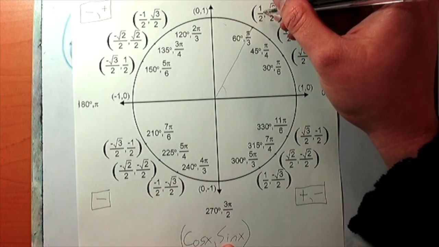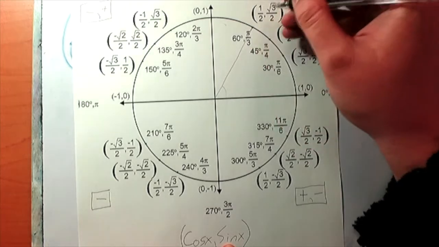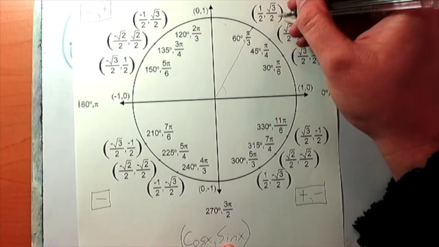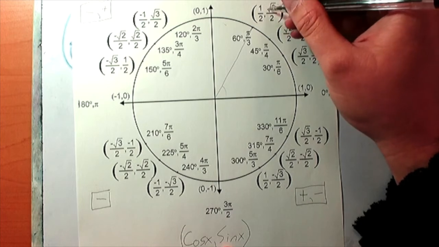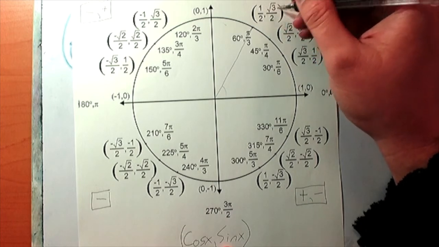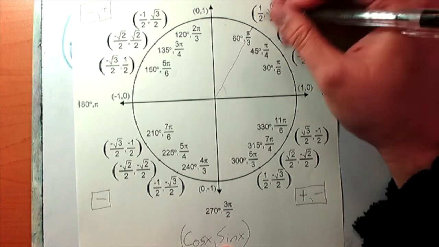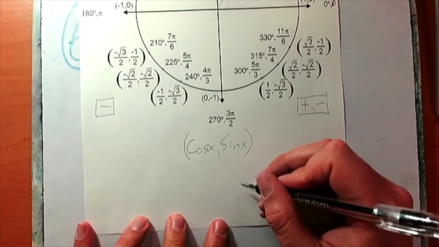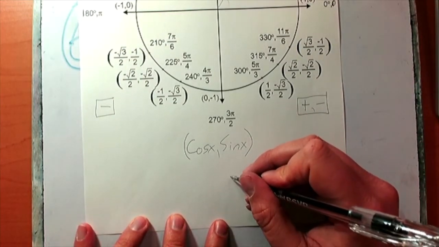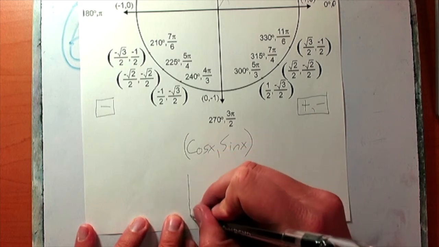Sine of 60 degrees is √3/2. That is like truth. You can do it on your calculator and you're going to end up getting √3/2. The way in which we're doing this is based on the two common triangles.